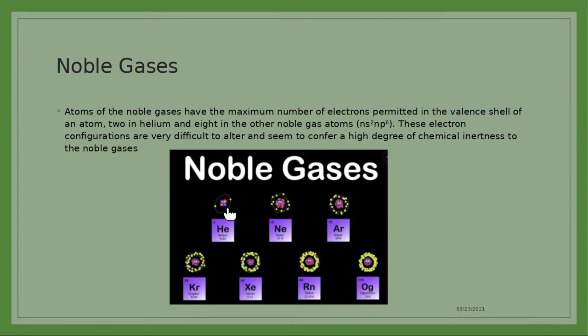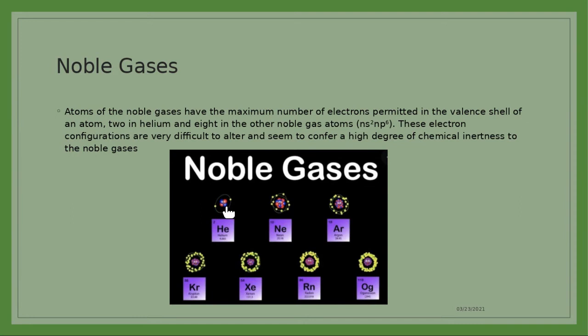For example, look here: the nucleus has protons and neutrons, and helium has only one shell, so it has only 2 electrons. The yellow balls are electrons, the red balls I think are protons, and the blue ones are neutrons.